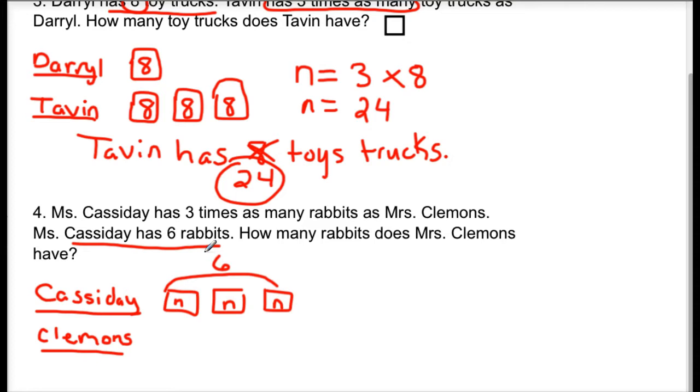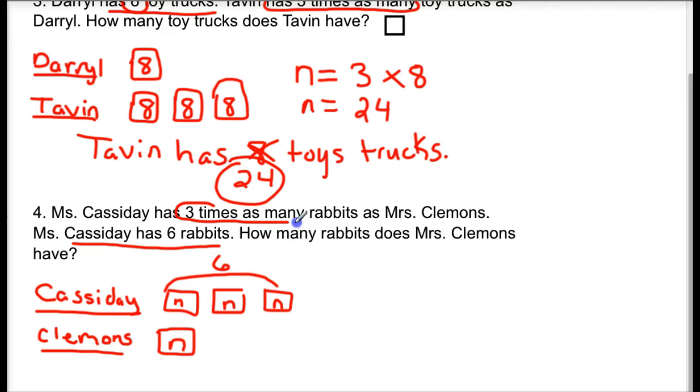And we have to figure out how many rabbits Mrs. Clemens has. So Mrs. Clemens is going to get 1 of the parts, as we do not know how many she has.